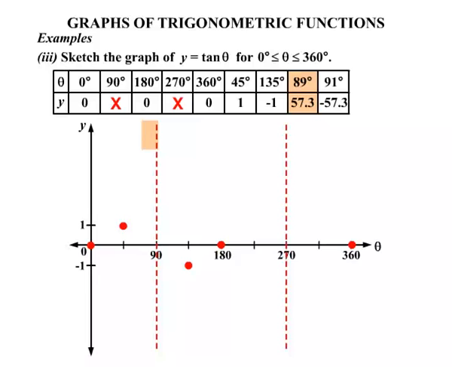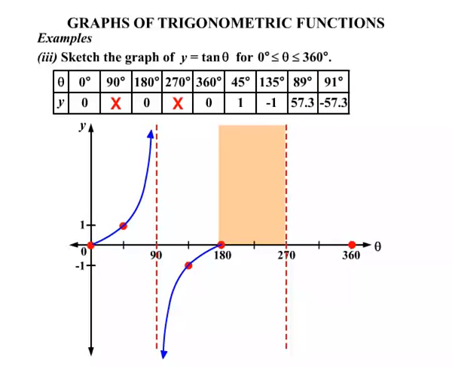So the graph then goes up that high. It's going to take off if you like. It gets closer to that asymptote, never actually touches it though. Now when theta was 91 degrees, just on the right side of that line, y is way down there. It's minus 57.3. So again, the graph is going to look something like that, going way down, but still never touching that line.